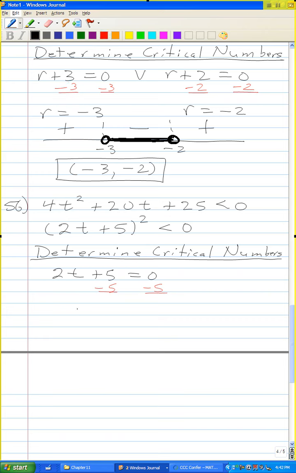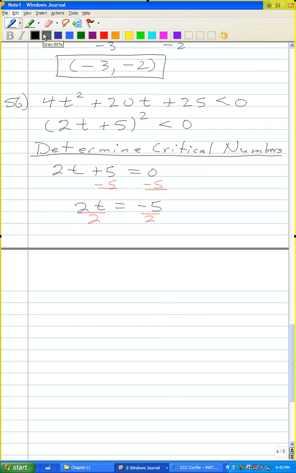So 2t equals -5. Divide by 2. And so t is equal to -5 over 2. Let's put that on my number line. Take a number greater than -5 over 2, let's say 0. 2t plus 5 at 0 is positive.